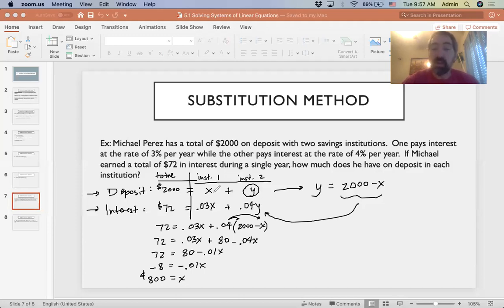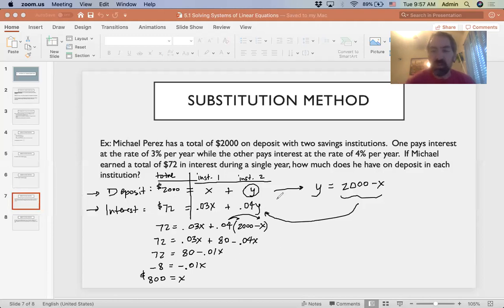We also need to know how much he deposited in institution 2. And we can find that easily, probably just by looking at it in this particular case, right? Because if he deposited a total of 2,000, and he deposited 800 in institution 1, you might be able to say, well, I know he deposited 1,200 in institution 2.